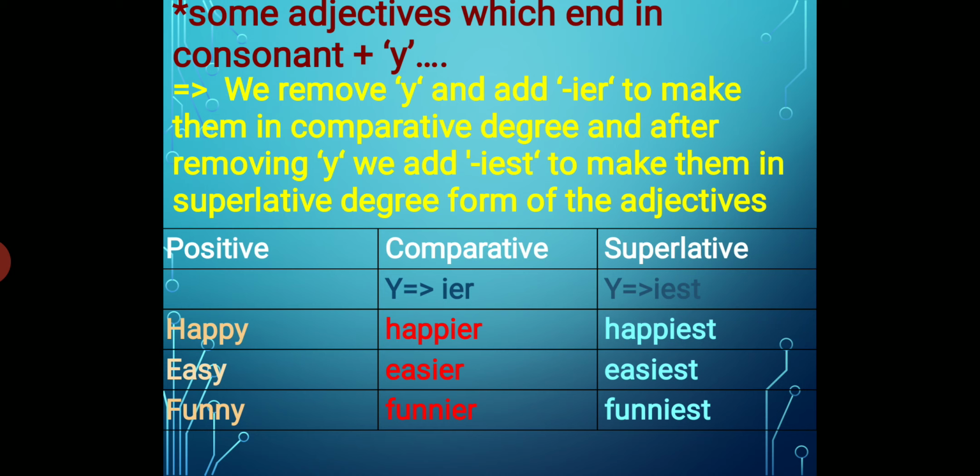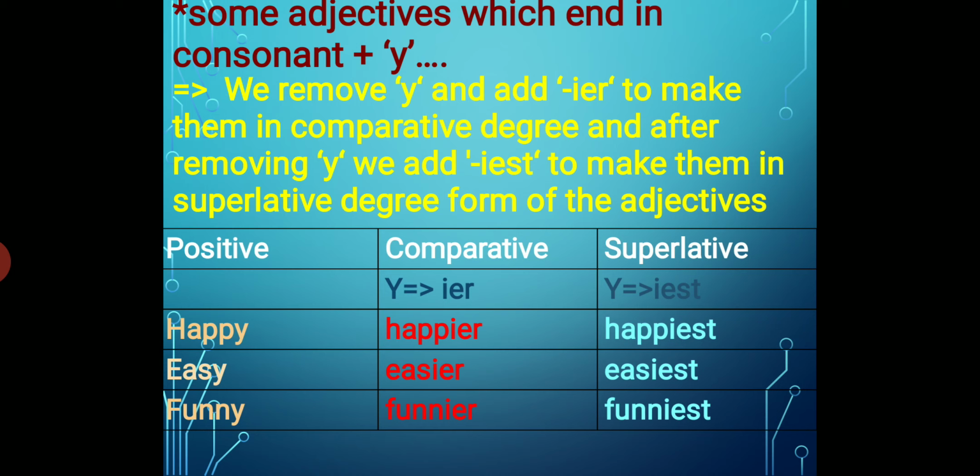Happy, easy, funny, right? All these three adjectives end with Y, and before Y all have consonants. Happy, Y before P, easy, Y before S, funny, Y before N. Okay, now if we want to make them in a comparative form, we remove Y. So we write HAPP same as the positive form and add only IER.